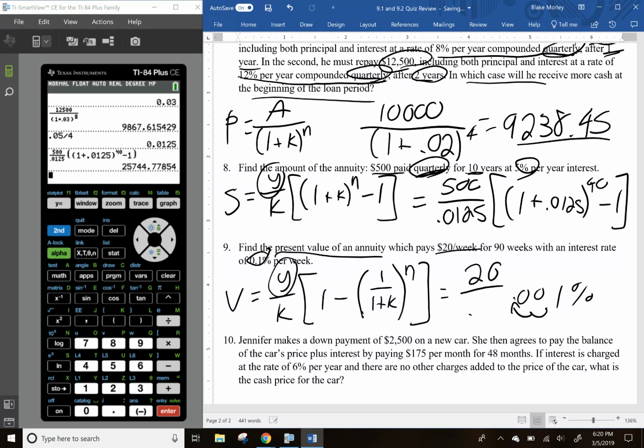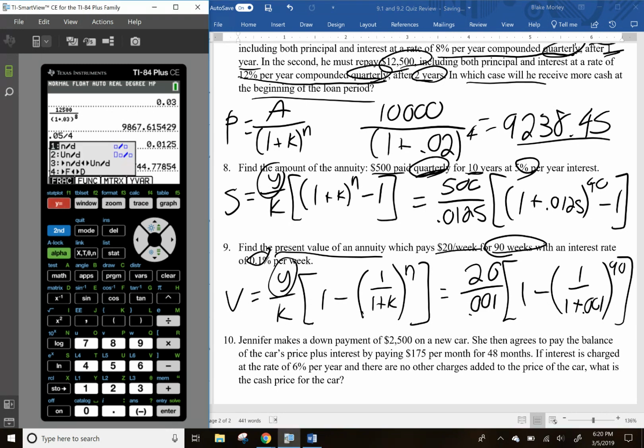If you move it 2 places left, it becomes 0.001. So we have to be very careful about that. So it's 0.001. Then we have 1 minus, we already know 1 plus K, again, K is 0.001, to the N power. So it's 90 weeks, right? Everything's talked about per week. So a total of 90 weeks. That should be everything, and let's type this in our calculator.